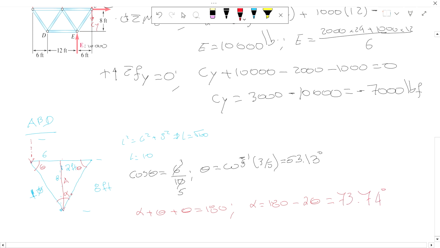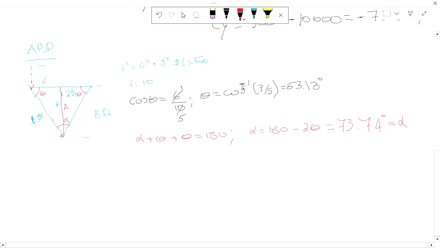So this angle alpha is equal to 73.74. That's important because that will help us find the forces.